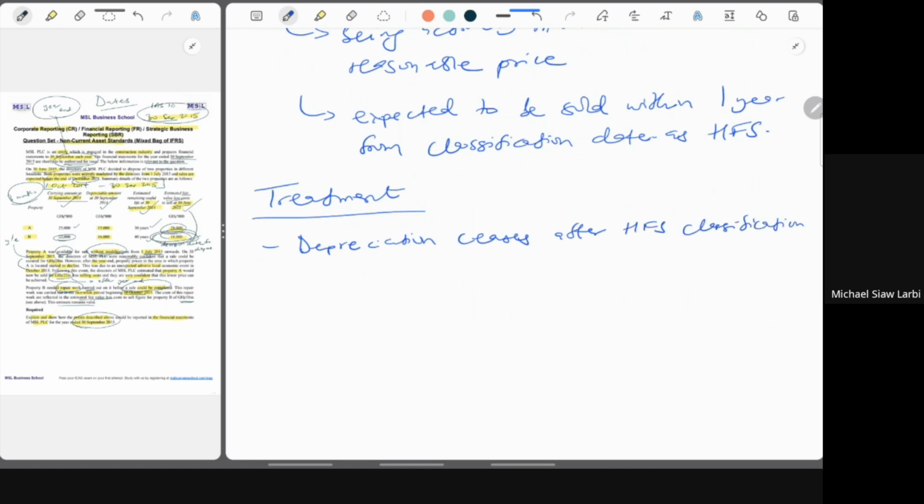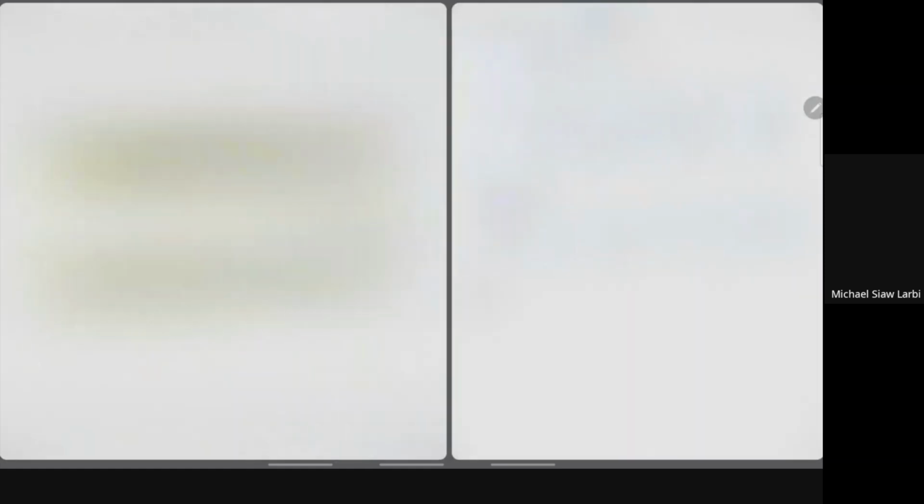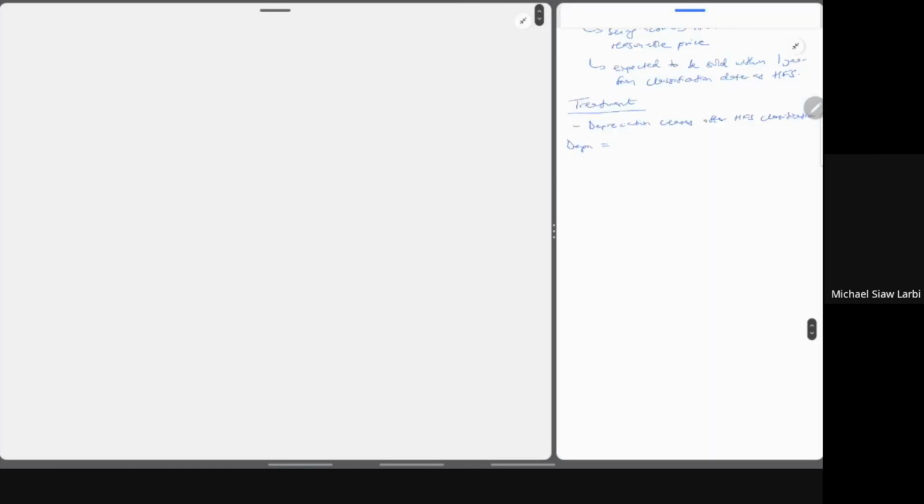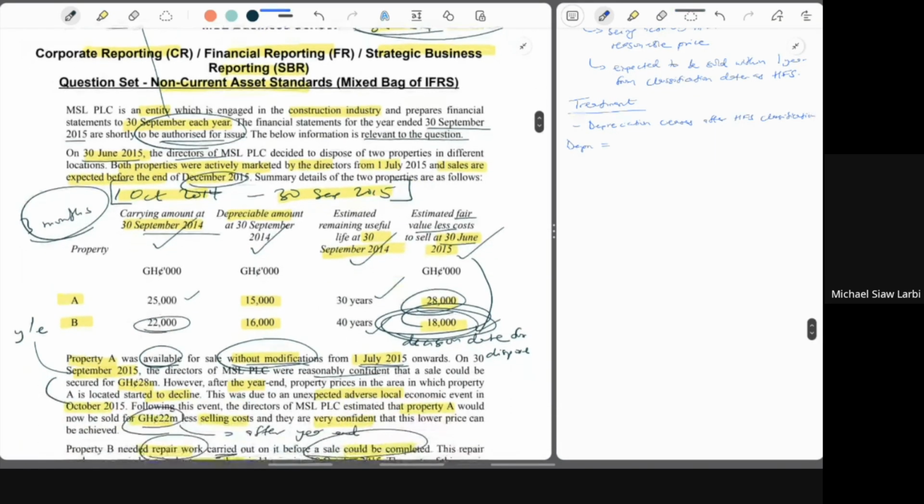Are we good? So in this case, for property A, remember we are going to use the depreciable amount, not the carrying amount. The question gives us the figures here, in case you missed it. Depreciable amount for property A is 15 million. Are we good? They said useful life is what? 30 years, right?